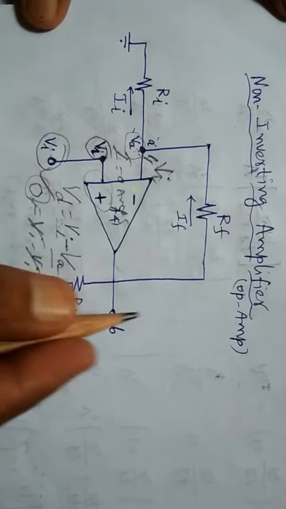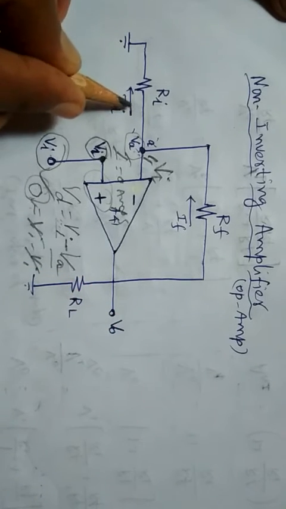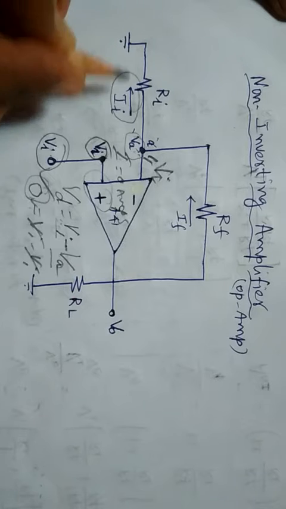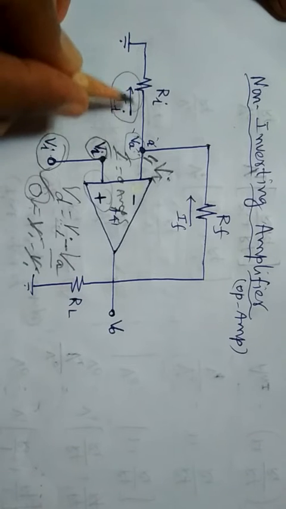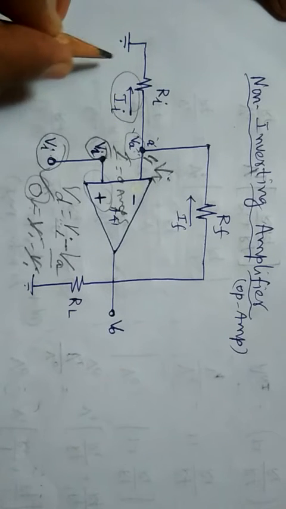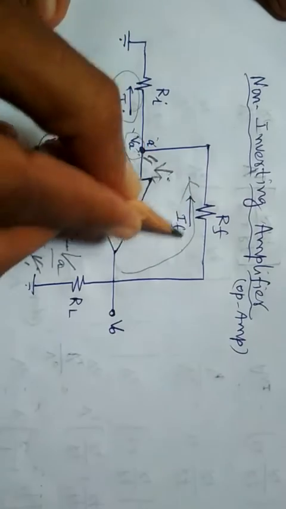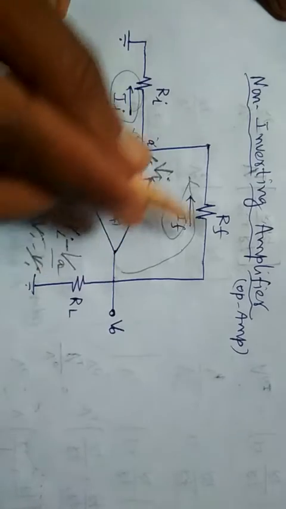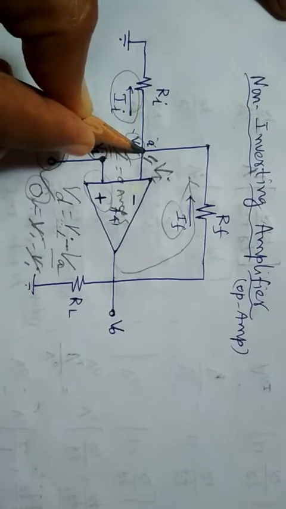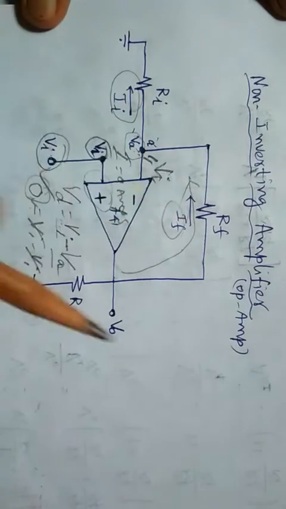To find the output, we have to consider these two currents. Ii, because of the ground, has its direction reversed and comes out of node A towards ground. And the feedback current If connects the output Vout to this node A, that is Vi, via this RF.